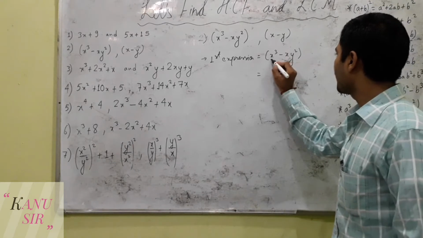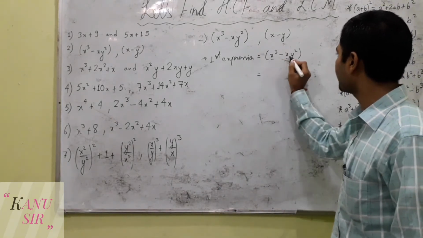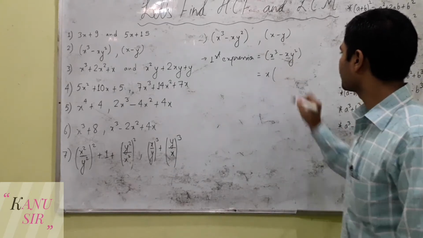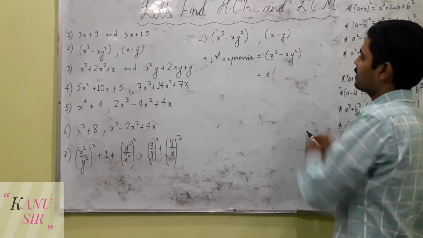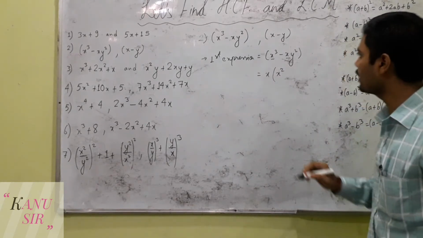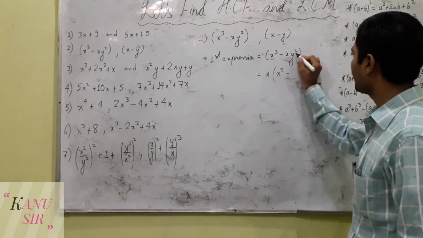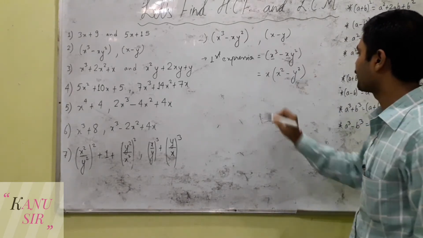You can see x is present in both terms, so you can take x common out. Out of x cube you have taken out x, 2 x's are still remaining, minus y square, since there was only one x, so it is out, and just y square is left.